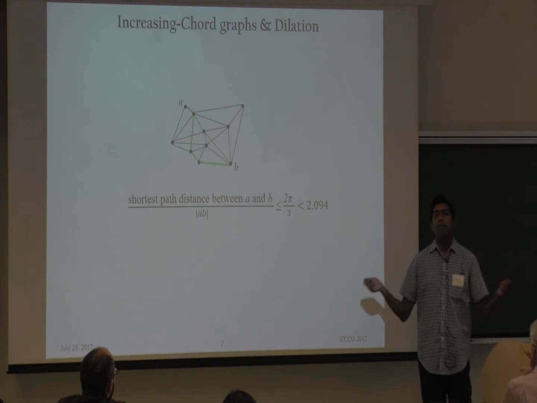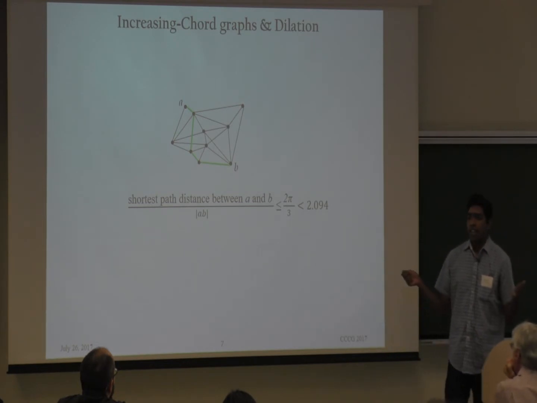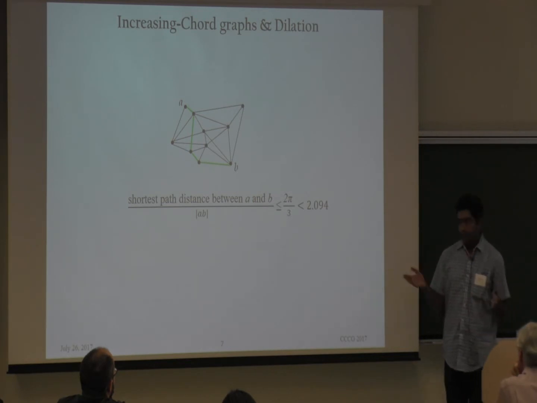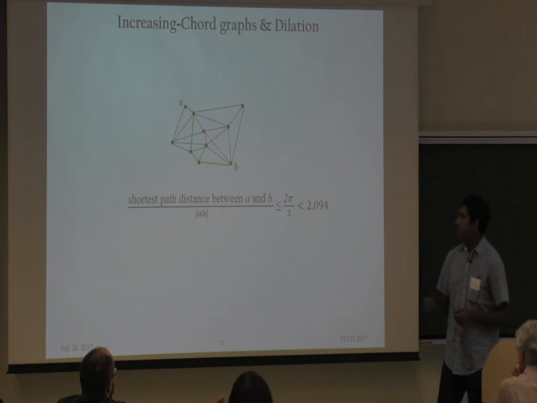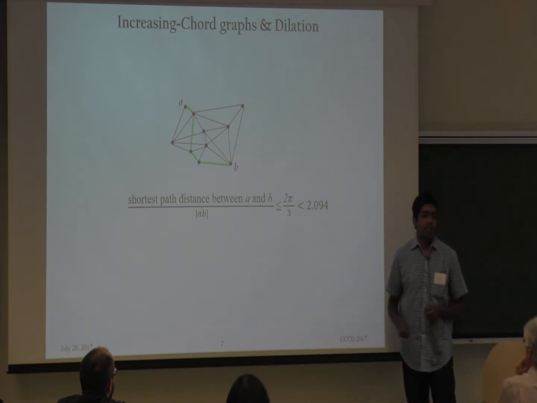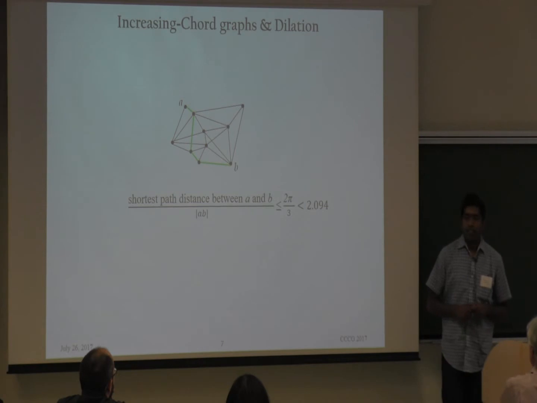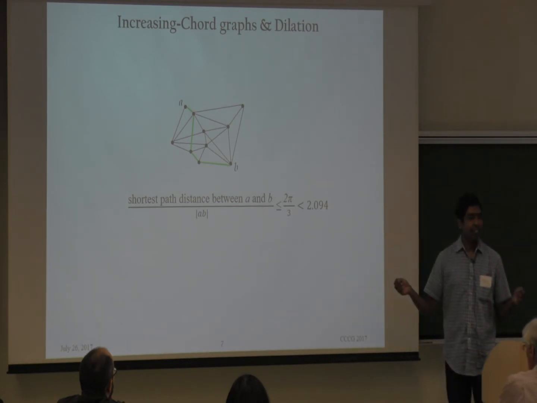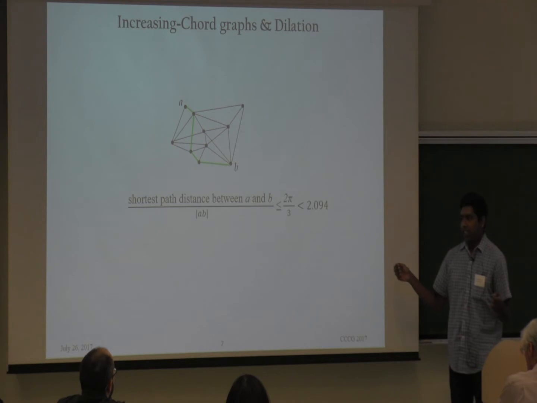If I take any pair of vertices in my graph and ask what is the ratio between the shortest path length divided by the Euclidean distance between the vertices, that ratio will be a very small constant, at most 2.094, and that is a very nice property that motivates us to find such paths in a graph to route messages.